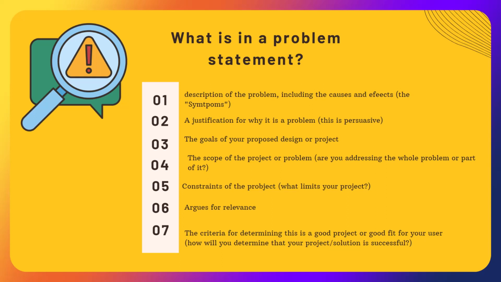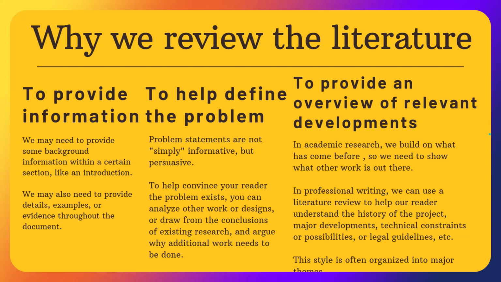A problem statement is a critical piece of writing for your report or article. Not only does it specify what this study is about, but it also persuades your reader that this is important. It builds your credibility, and it helps you to convince your reader that your research is doing exactly what you're saying it's doing. In scientific writing, the introduction also contains a literature review.